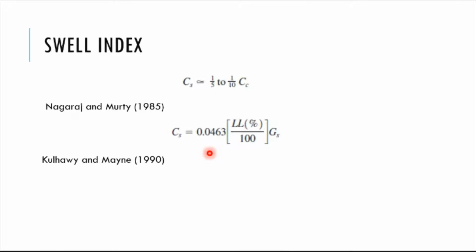And Kulhawy and Mayne also studied the swell index of the soil, and according to them, it's approximately equal to PI, or the plasticity index of the soil, all over 370.